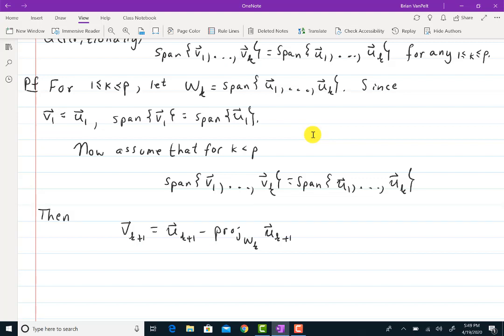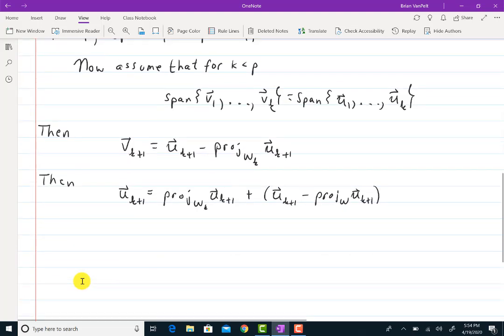Now then, what do we have? u sub k plus 1 equals the projection onto w sub k of u sub k plus 1 plus u sub k plus 1 minus the projection onto w sub k of u sub k plus 1.